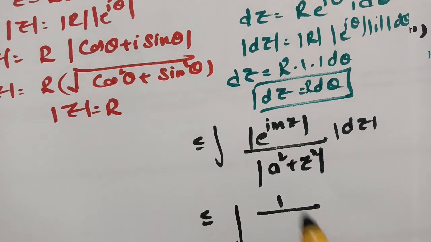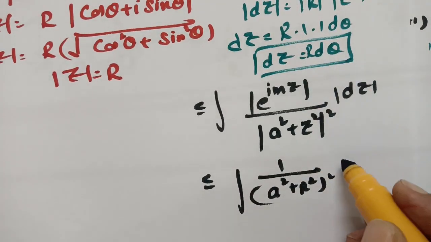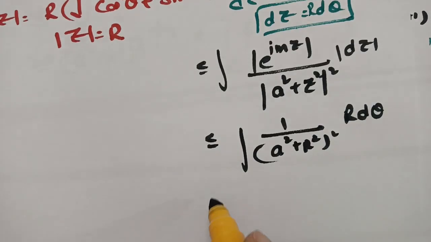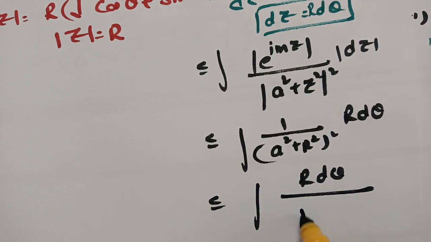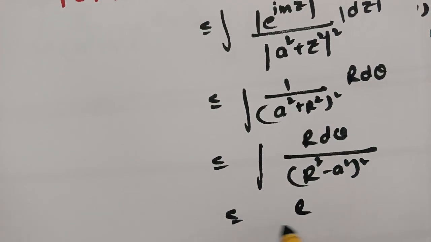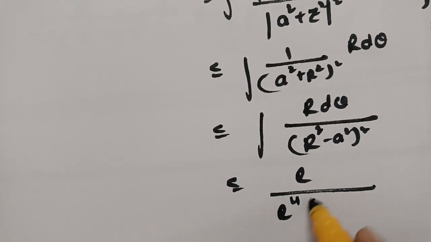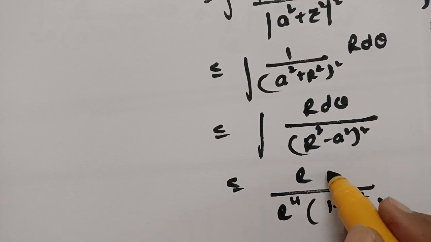In place of z I'm writing r, that is (a square plus r square) whole square, and in place of dz, r into d theta. So this value will be r d theta by (r square minus a square) whole square. If I take r square common, this will be r power 4 into (1 minus a square by r square) whole square into d theta.